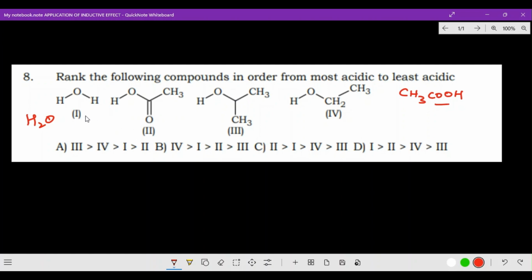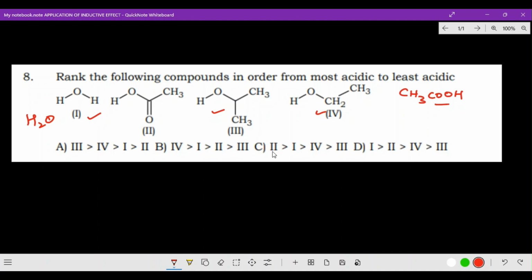Next one, water, and then secondary alcohol and primary alcohol. You will give the priority to primary alcohol over secondary alcohol. So which is the correct option here?